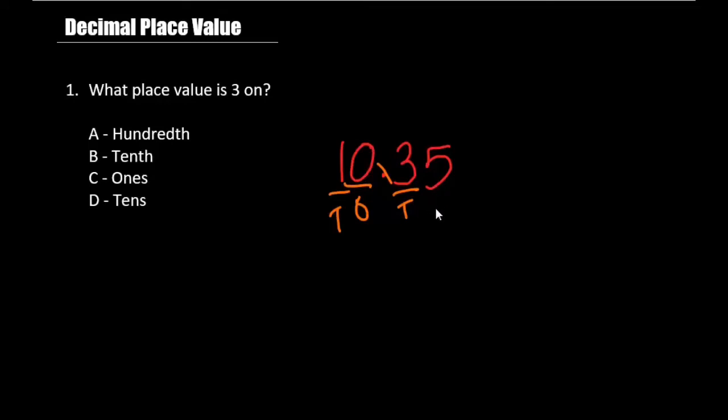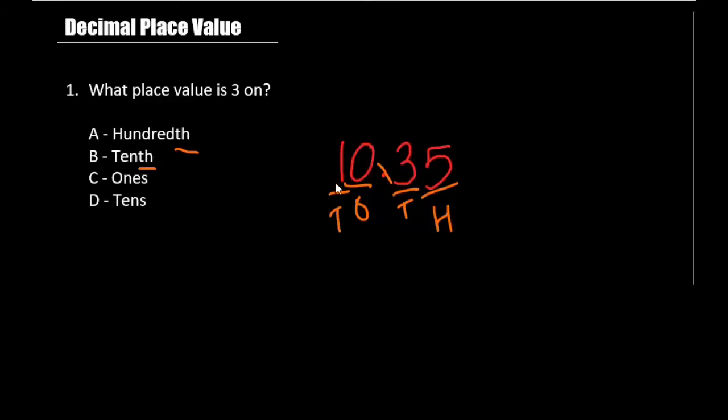And the 5 is on the hundredths place with a TH. So you got to remember that if it has a TH at the end, like right over here and over here, that basically means it is smaller than a whole and it's to the right of a decimal point.